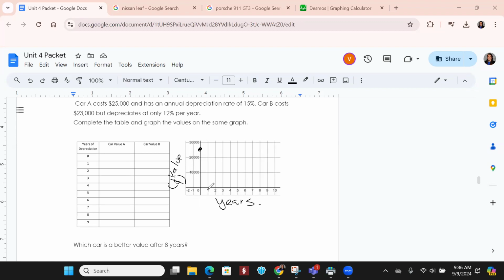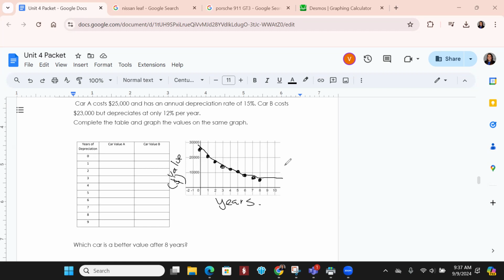At year 1, we're at 21,250. At year 2, we're at 18,000. Year 3, we're at 15. 4, we're at 13. 11. 9. 8. 6. Okay, and so on and so forth.